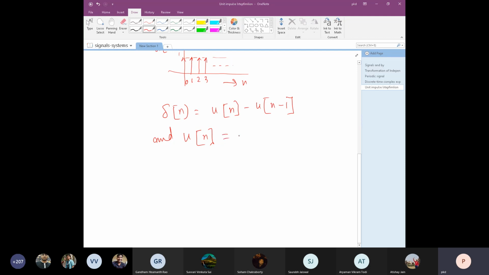And u(n) is the reverse, because delta n is related to u(n) through a differential operator.